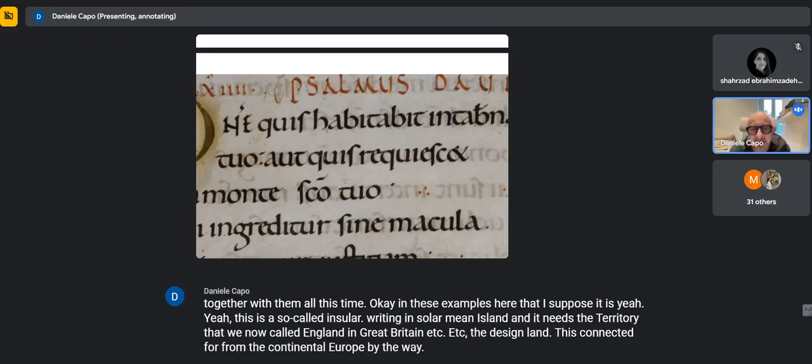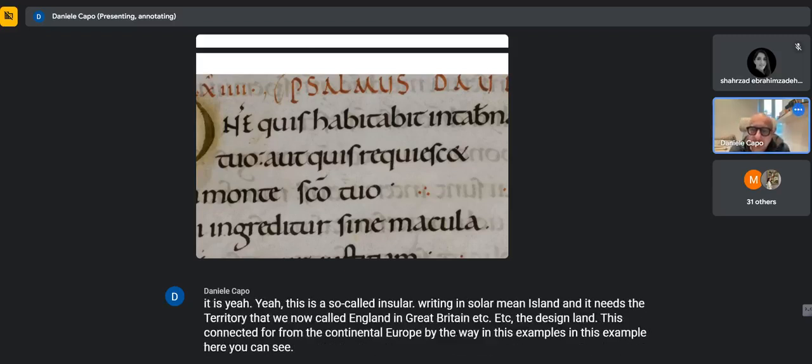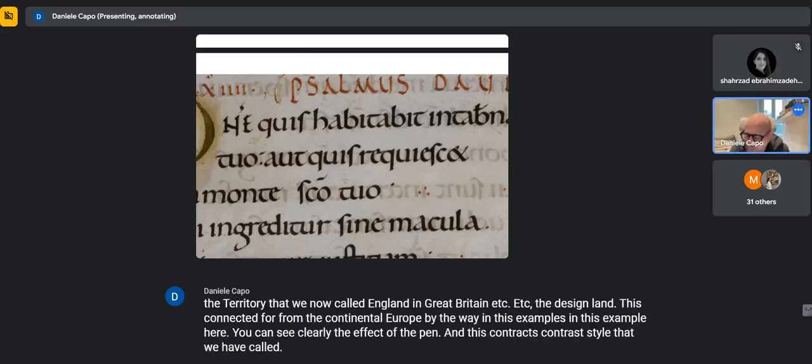By the way, in this example here, you can see clearly the effect of the pen and this contrast style that we have called translation.